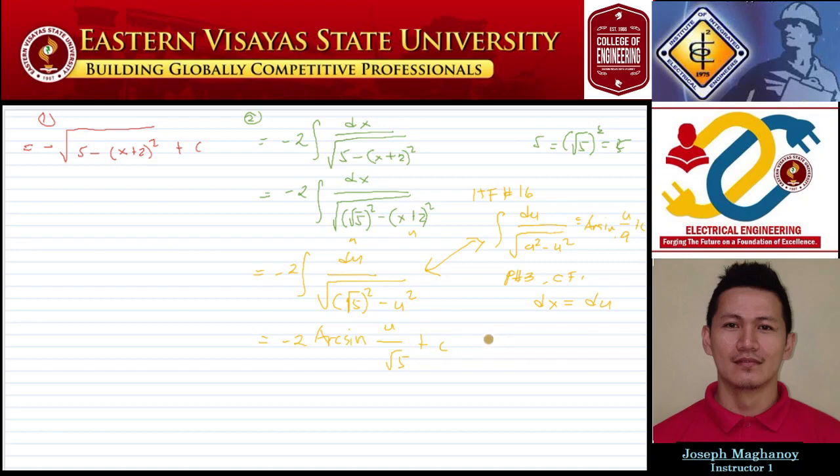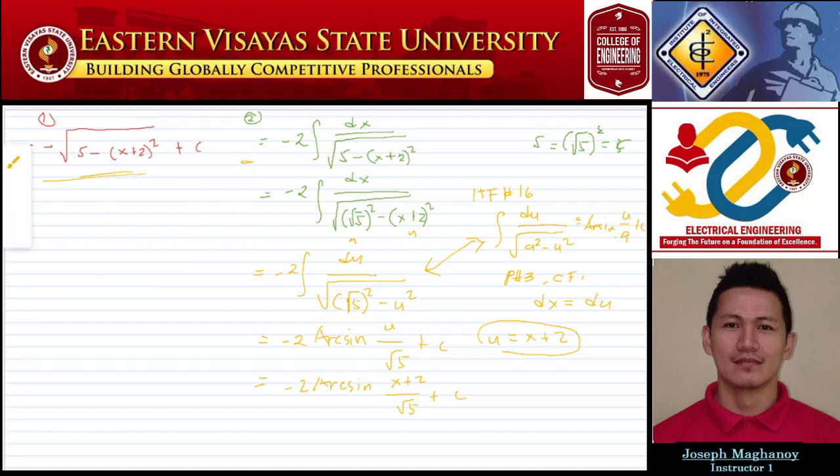Again, our u is x plus 2. Recall our u: negative 2 arc sine x plus 2 all over square root of 5 plus c. We combine our two subjects to get our final answer.